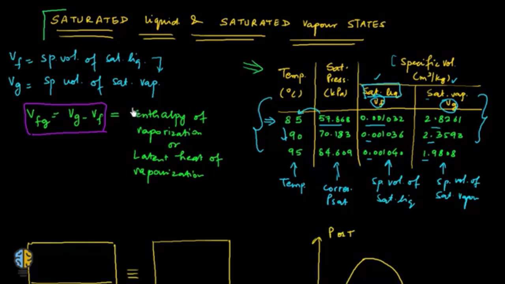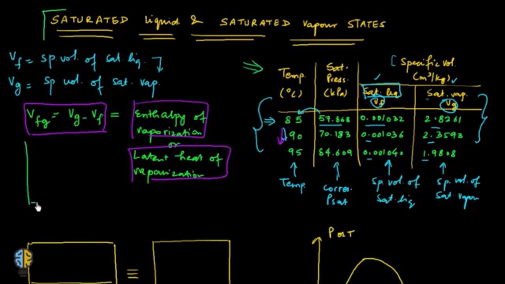Now, what does this enthalpy of vaporization, or latent heat of vaporization, represent? It represents the amount of energy which is needed to vaporize a unit mass of saturated liquid at a given temperature or pressure. It decreases as the temperature or the pressure increases, and it becomes zero at the critical point. If you remember that T-v plot, this is the volume and this is the temperature.